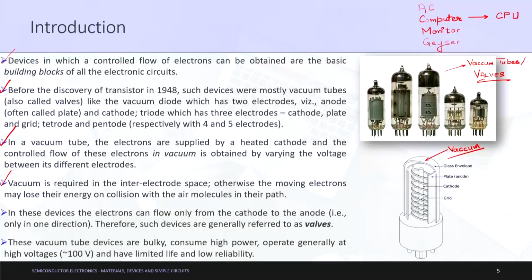For now, what we understood is that in the previous invention of vacuum tubes the current flow was only in one direction. So in these devices, the electrons can flow only from the cathode to the anode, that is, only in one direction. Therefore, such devices are referred to as valves.